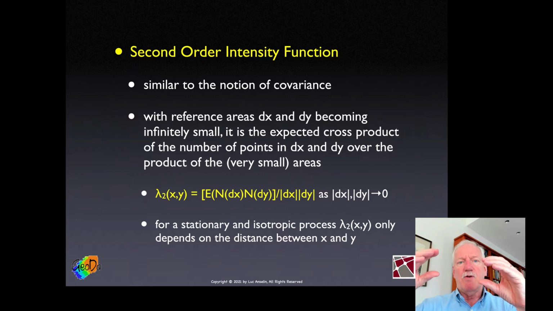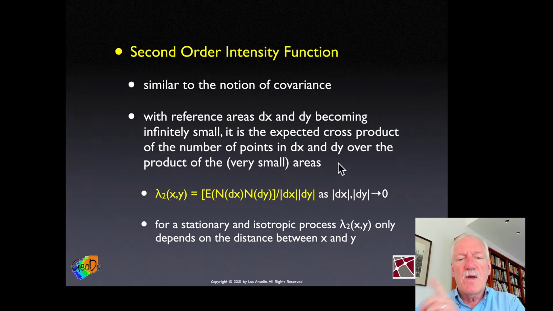And we make those smaller and smaller. And so now we're interested in how many points would be in both of these over the product of these very small areas as these go to zero.